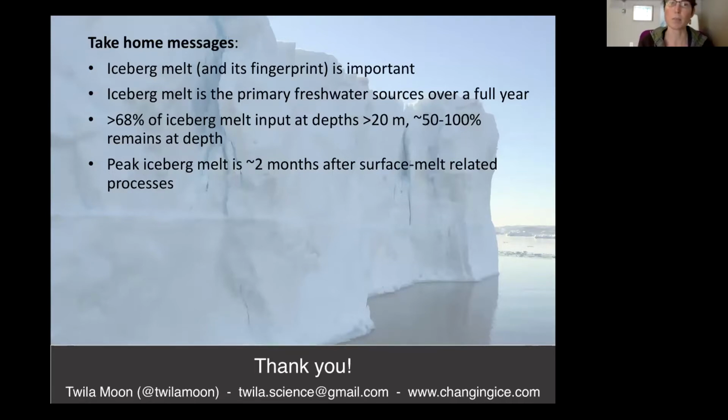And also we see this peak at a very different time of year. Models also tend to say as soon as ice has left the ice sheet, it's instantly transitioned into becoming liquid freshwater. And we know that's not true. And perhaps there are some important elements about that timing of solid to liquid transition that we need to think about.